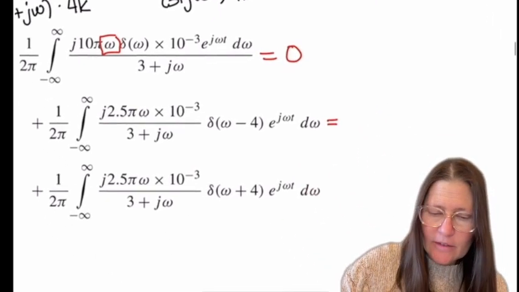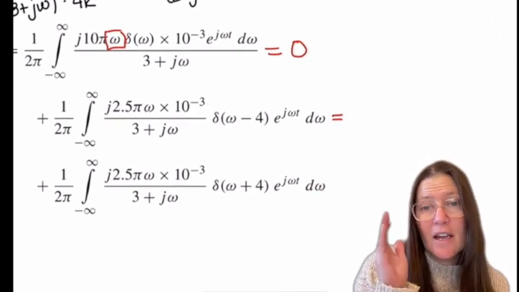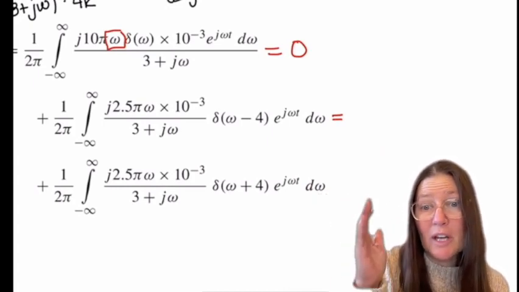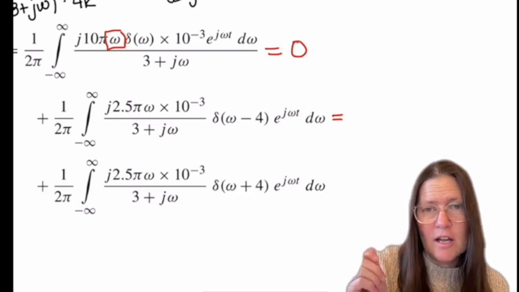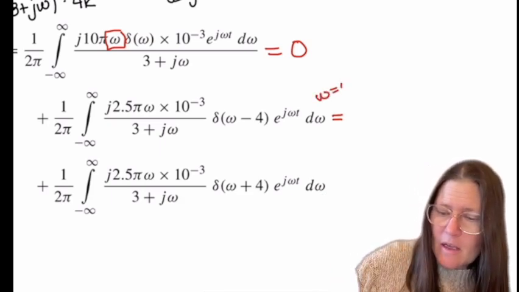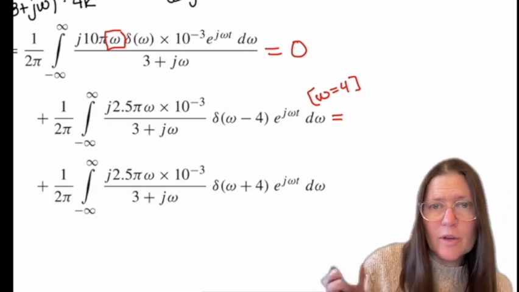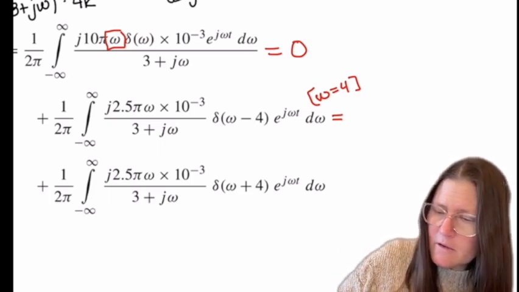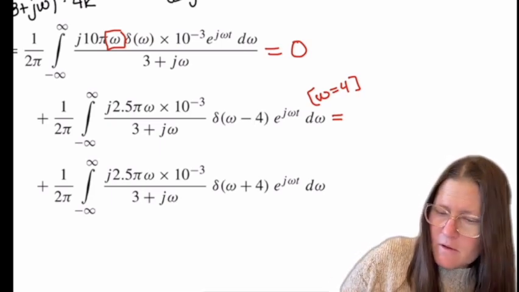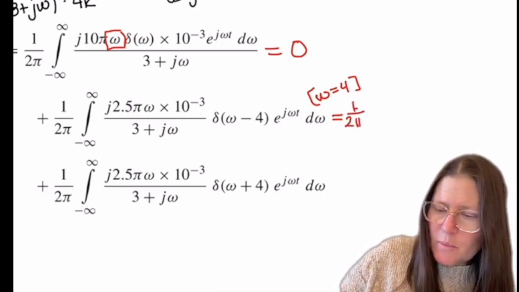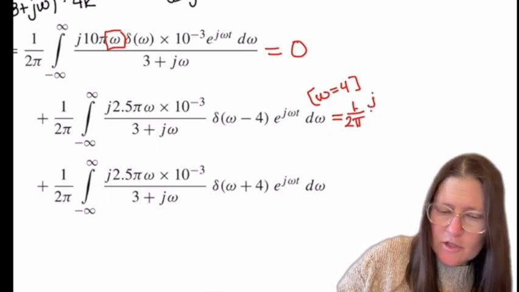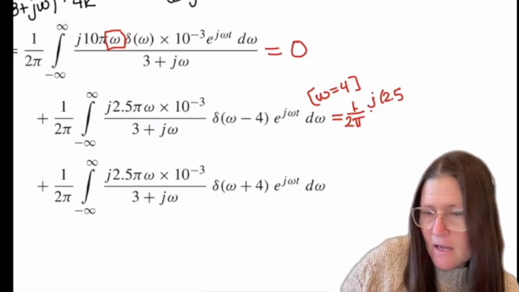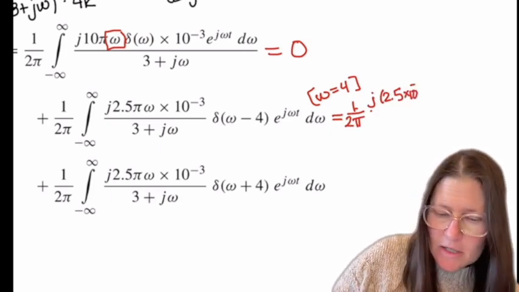In this case, we have now it's at a minus 4, so it's shifted to 4. And so we're going to replace omega equals 4. And then all of those will become constants. So this will become 1 over 2 pi, and then j 2.5. And the 2.5 comes from 5 over 4k times 10 to the minus 3.